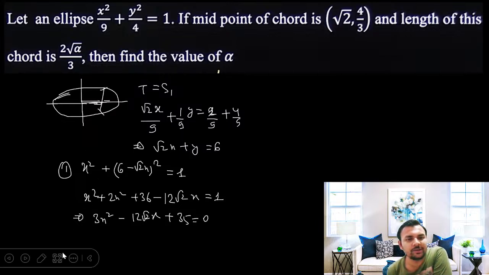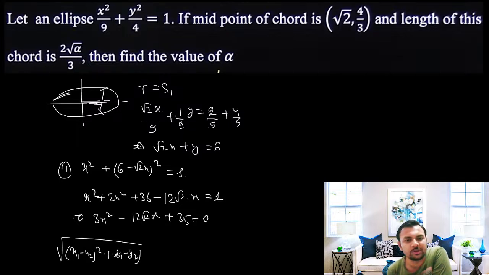So we have to find the real solution, x1 minus x2 whole square plus y1 minus y2 whole square. So x1 plus x2 we got is 4 root 2. But 4 root 2 whole square is what? 32 minus 4 times 35, that means 140 by 3.